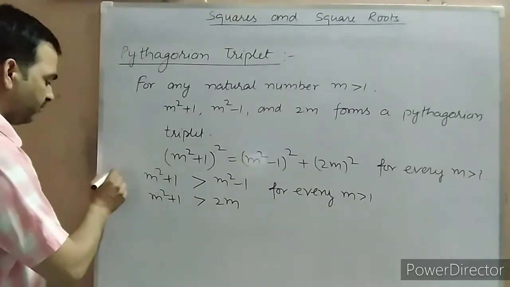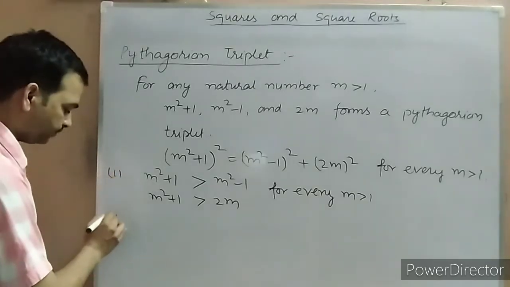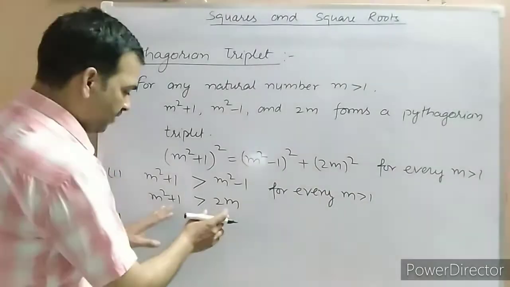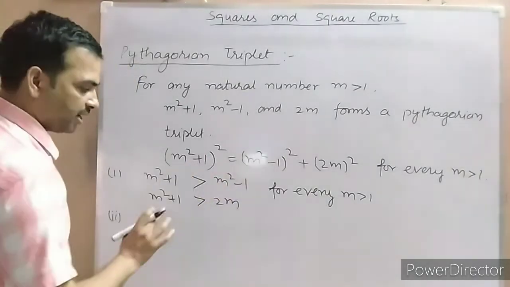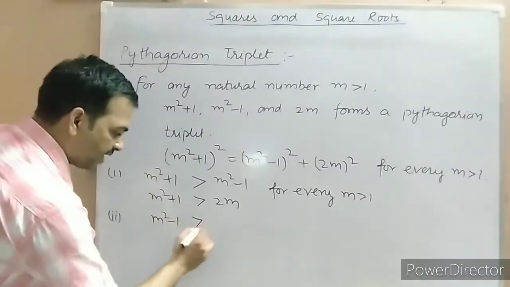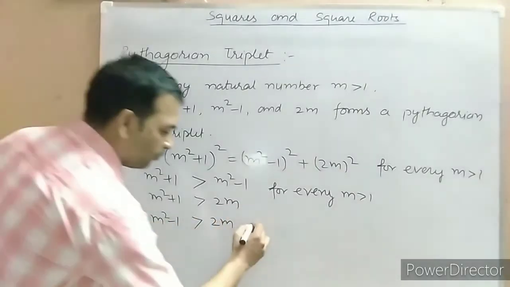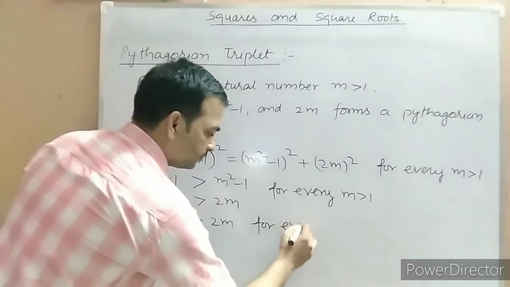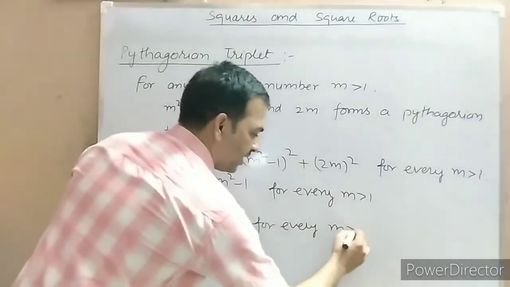Okay, first note is this one. Second note, if I compare 2m and m square minus 1, then always m square minus 1 is greater than 2m for every m greater than 2.